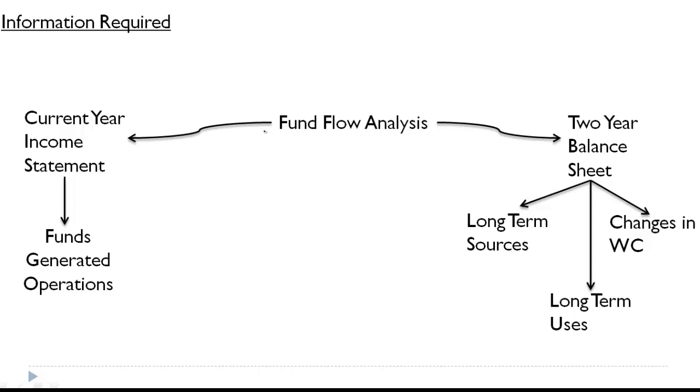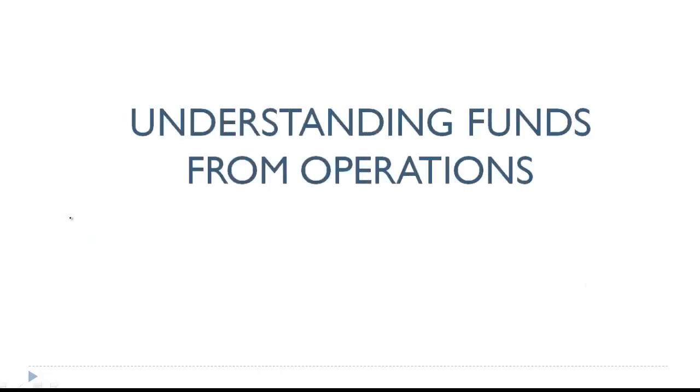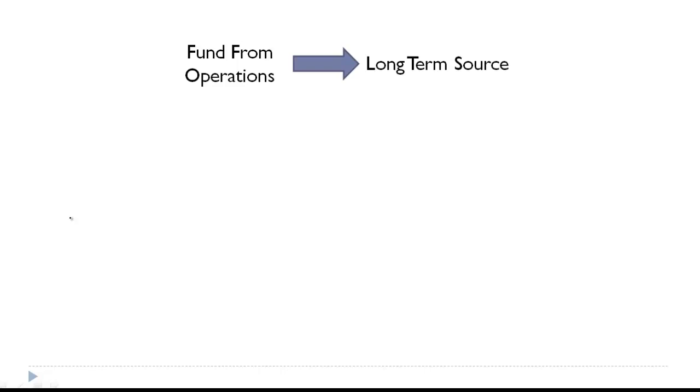First we'll understand what this funds from operation is. Funds from operation is nothing but profit before tax, and basically it's a long-term source. Why is this funds from operation a long-term source? Because this is the portion payable to owners, and owners can have the choice of having it in the business for a longer period, so it is a long-term source.